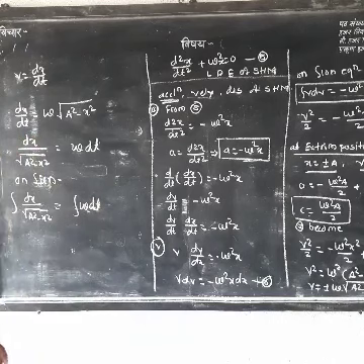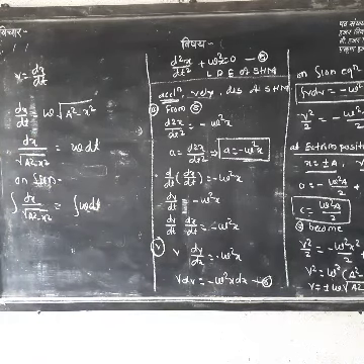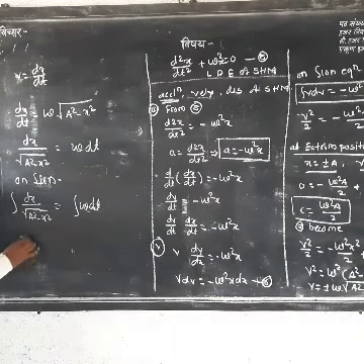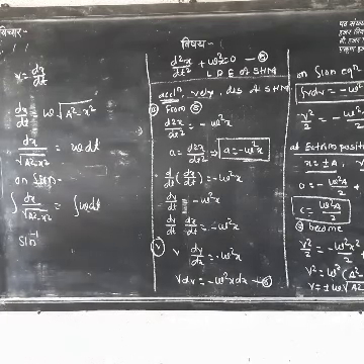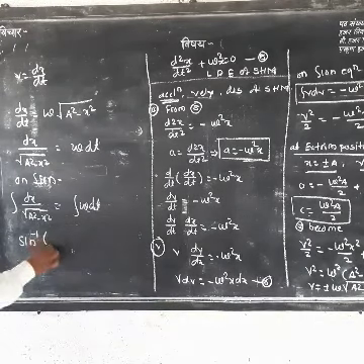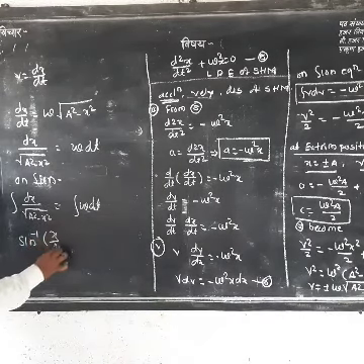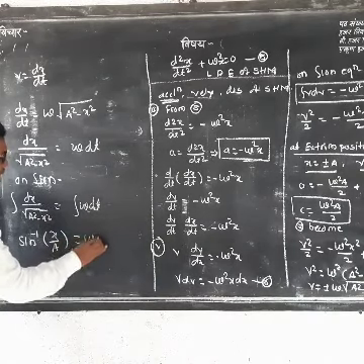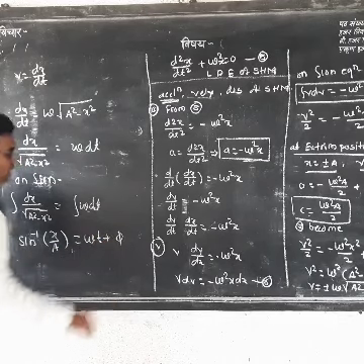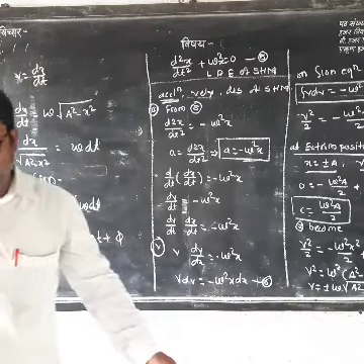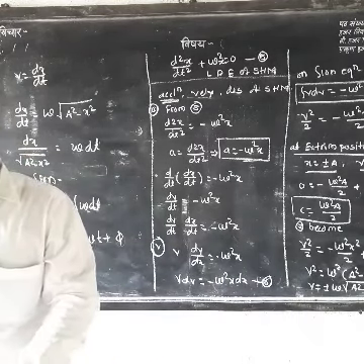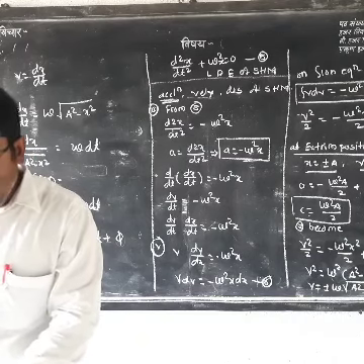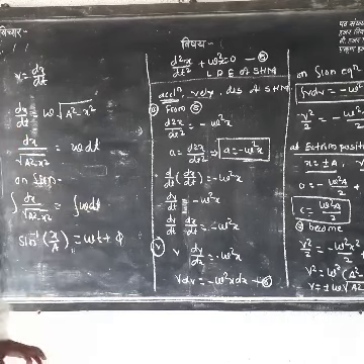The integration of this is nothing but sine inverse of x upon a, which is equal to omega t plus phi. Phi is again a constant of integration.